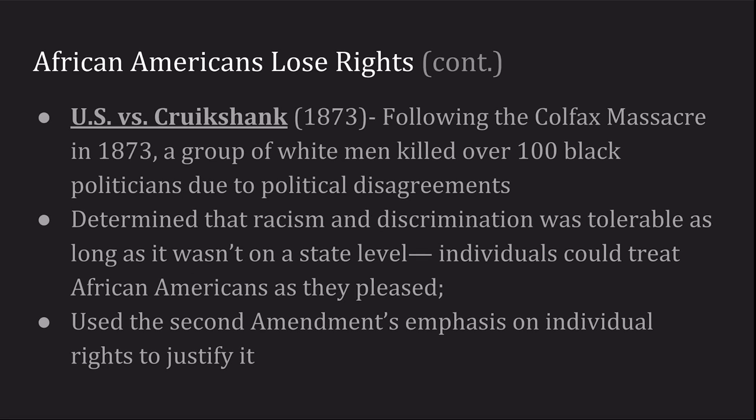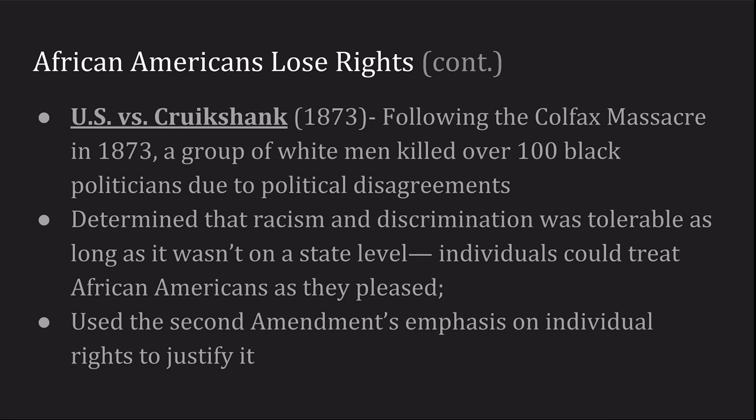Next, U.S. versus Cruikshank. It came after the Colfax massacre, when a group of white men killed over 100 black politicians. They burned down a building with over 100 black politicians in it because of a political dispute, and in court it was determined that racial discrimination was okay as long as it wasn't at the state level; individuals could treat others poorly if they chose to.